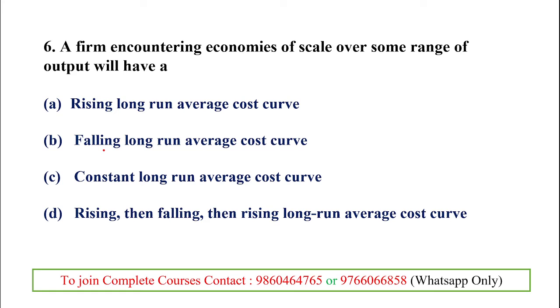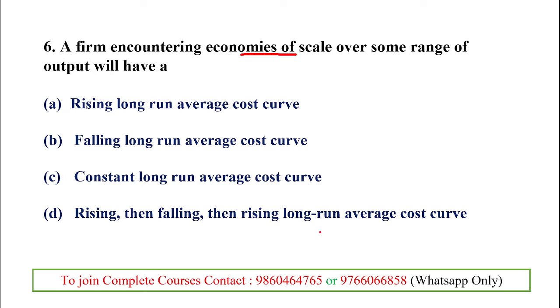Okay, next one. The economies of scale in a firm over some range of output will have what type of long run cost curve? Rising, falling, constant, or rising, falling, then rising?